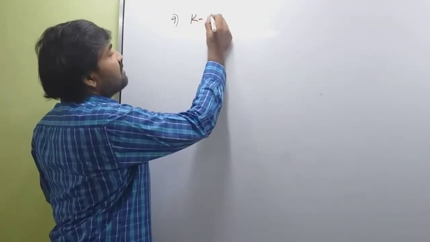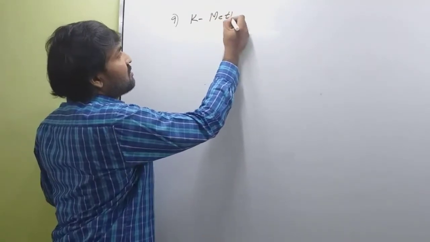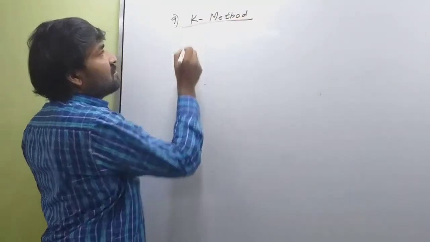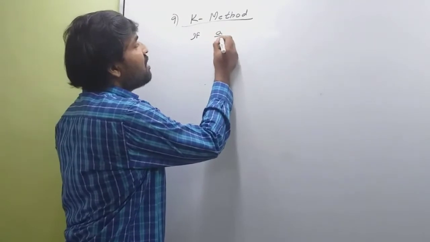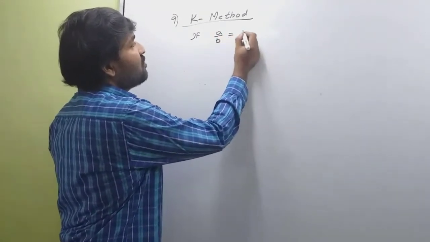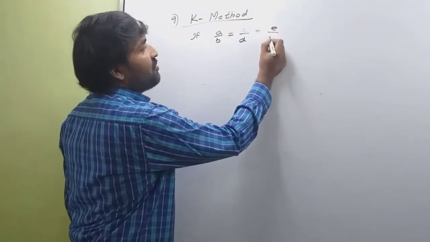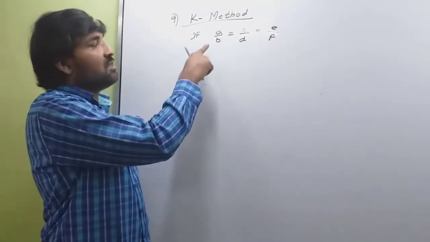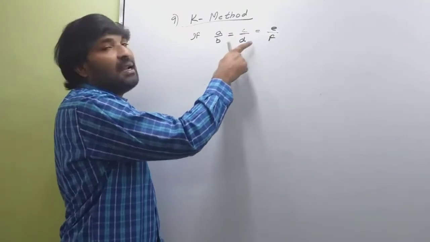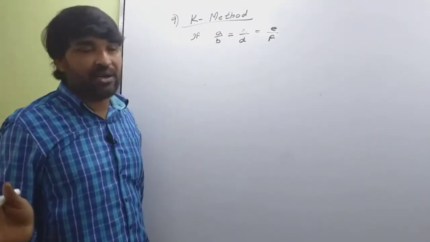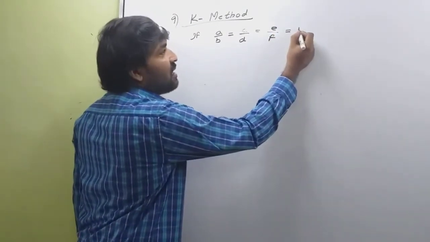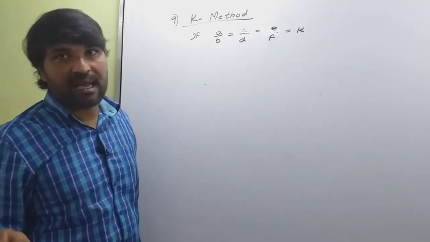K method. A by B is equal to C by D is equal to E by F. So these three ratios, A by B, C by D and E by F, are equal to a constant K, that is a scalar.